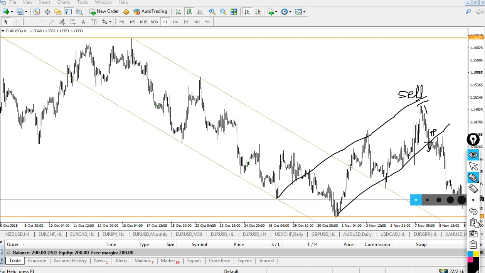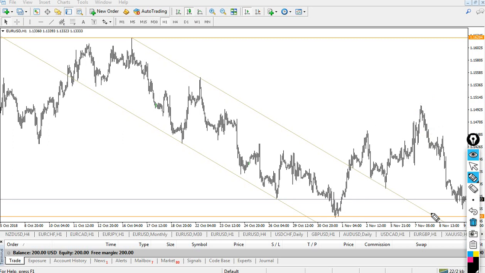But the main part is why we take channels, because channels tell everything. Let me give you a good trick in it. When I told you in the past, in this bearish channel, why we take another sell here, because we see a pullback, right?